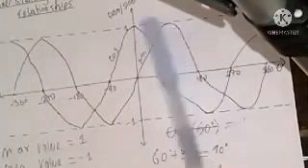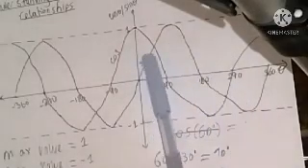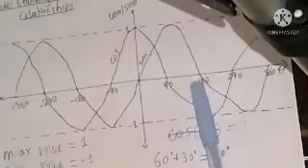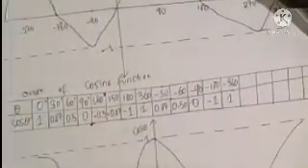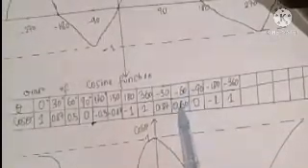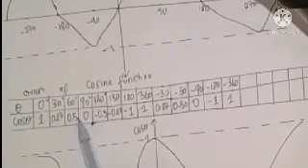Cos 90 is equal to 0. Let me have a look at some other value from the table because I didn't show more values. Okay, with cos, yes, cos negative 60 is still 0.5, and cos 60 is still 0.5.